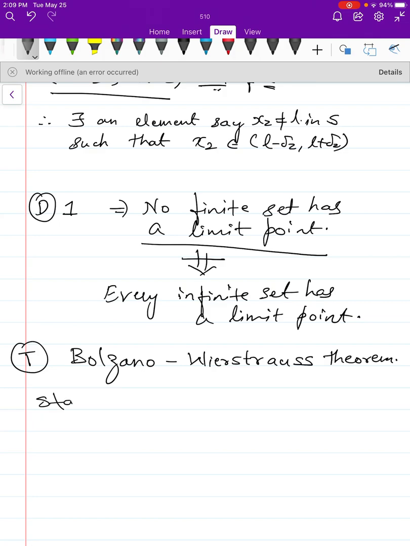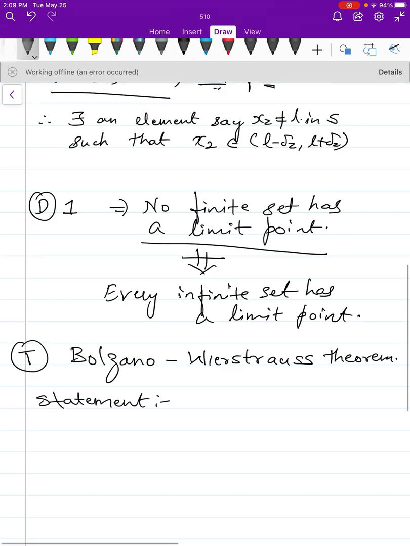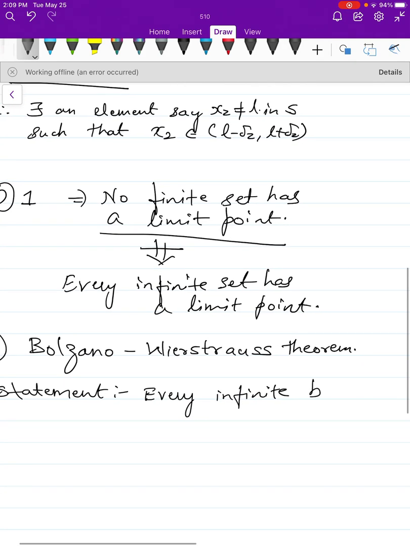So the statement goes like this: every infinite bounded set has a limit point.